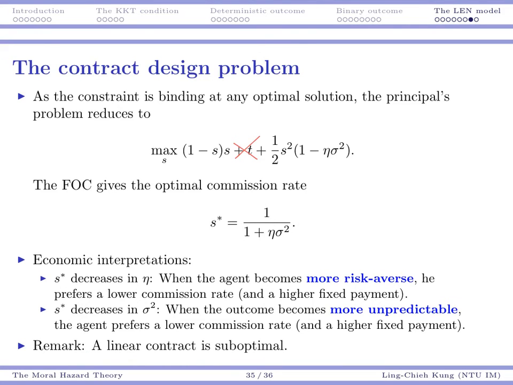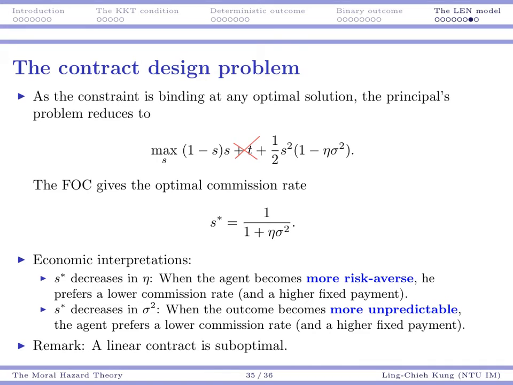Then s is determined by eta and sigma square. s actually decreases in eta. That means when the agent becomes more risk averse with a higher eta, the agent would prefer a lower commission rate, because if I am really risk averse, then I would highly prefer a fixed payment.